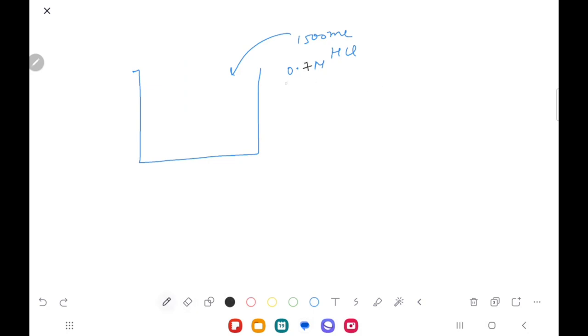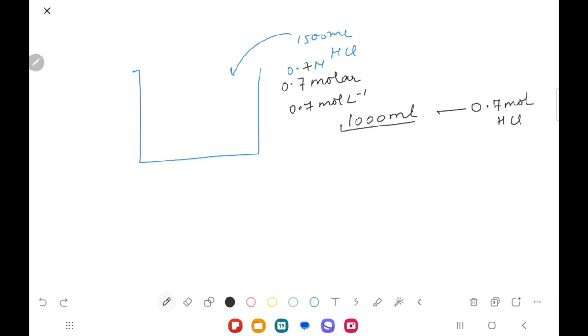So what will I say? 0.7 molar means what? 0.7 moles per liter, isn't it? And if I have 0.7 moles per liter, that means for 1000 ml, I have 0.7 moles in the solution. That's what I'm saying. If I have a 1000 ml solution, what do you think I would have?